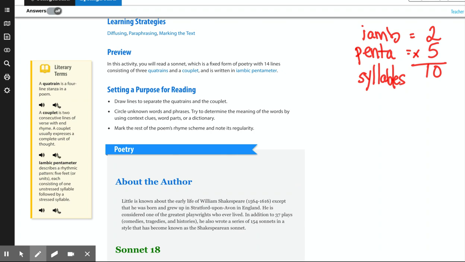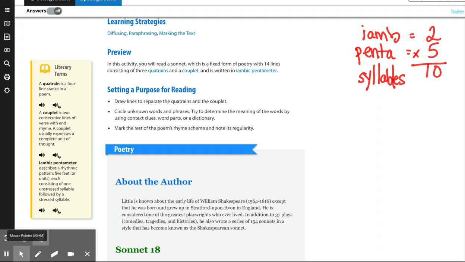All right, so it's a rhythmic pattern, 5 feet or units, each consisting of one unstressed syllable followed by a stressed syllable. All right, so now we kind of know what the structure of a sonnet is and the vocabulary to discuss it.